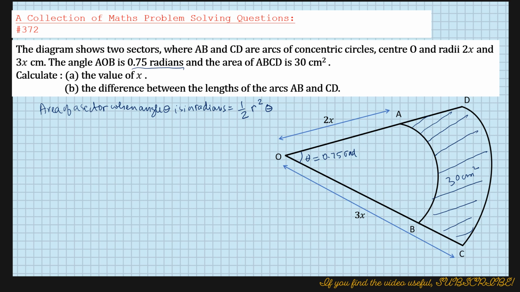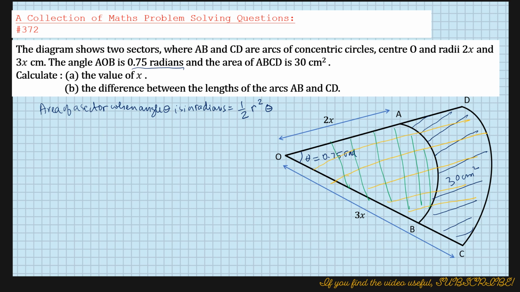In this case, 30 is the area of the entire sector ODC minus the area of OAB. So that would be 30.